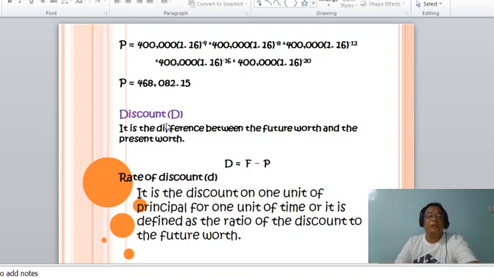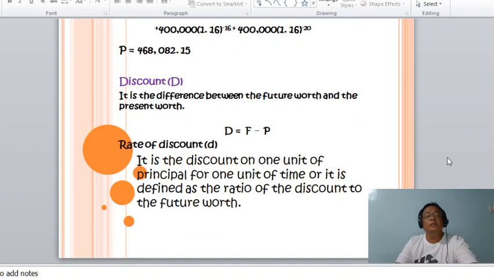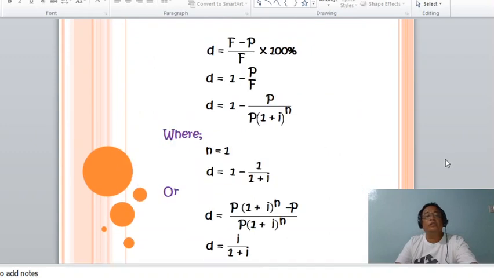But what is a so-called rate of discount? So, rate of discount is the discount on 1 unit of principal for 1 unit of time, or it is defined as the ratio of the discount to the future worth. Okay? So, let us now consider the definition.